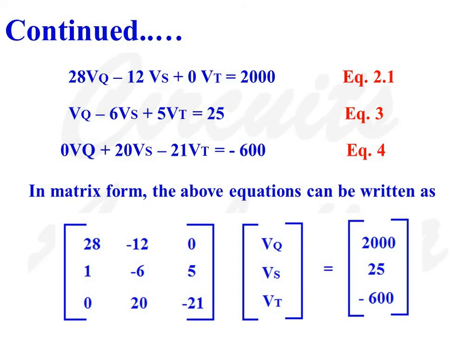Vq minus 6Vs plus 5Vt is equal to 25. 0Vq plus 20Vs minus 21Vt is equal to minus 600. In matrix form, these equations can be written as the matrix of 28, minus 12, 0; 1, minus 6, 5; 0, 20, minus 21 into the matrix of Vq, Vs, Vt is equal to the matrix of 2000, 25, minus 600.